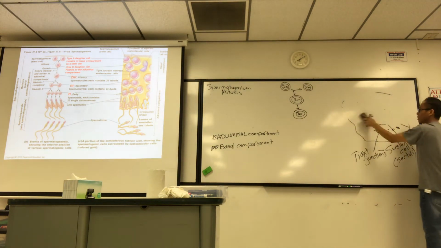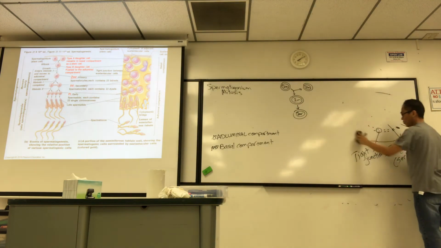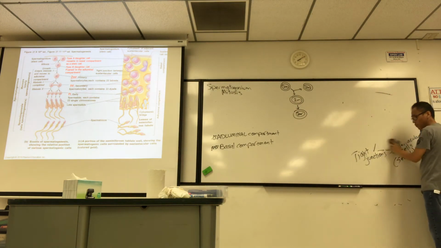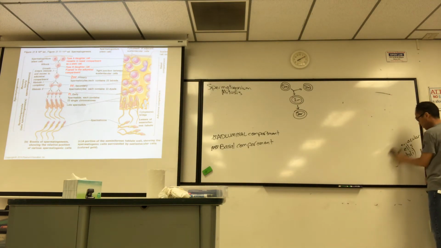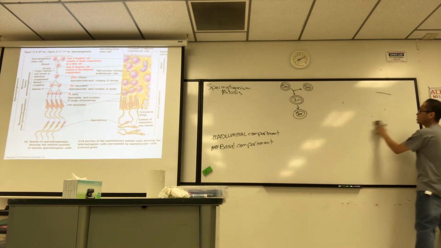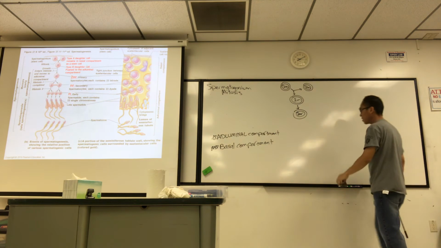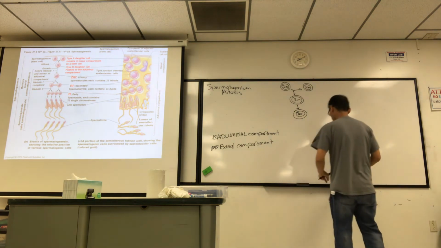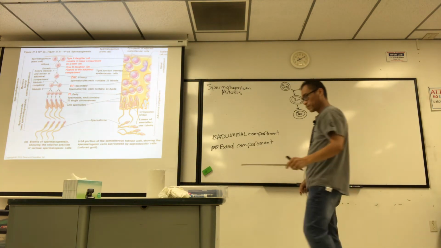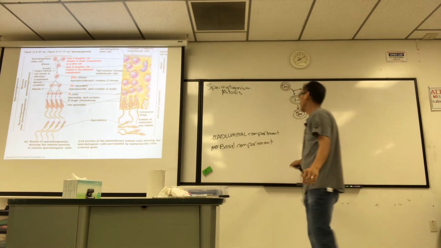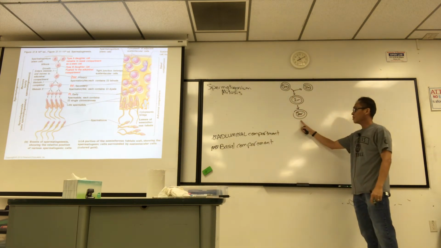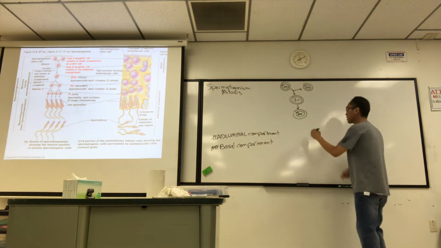It's not haploid, it's diploid replicated. And you have the 23 tetrads, that whole thing. So this cell is a primary spermatocyte.